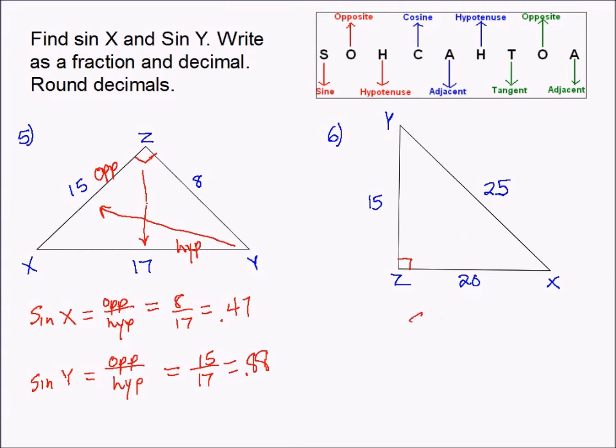So over here, let's go ahead and set this up quickly. So the sine of x, this is the hypotenuse as always. So the opposite of x has to be 15. So this is going to be 15 over 25.